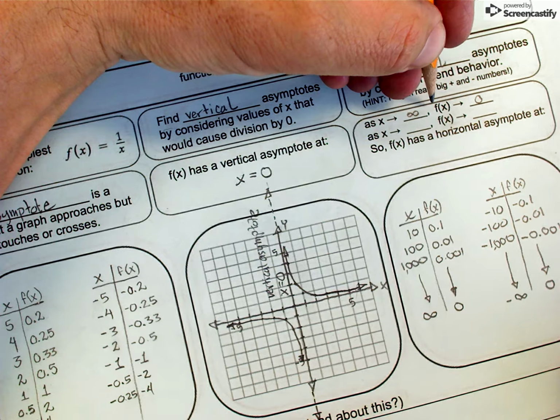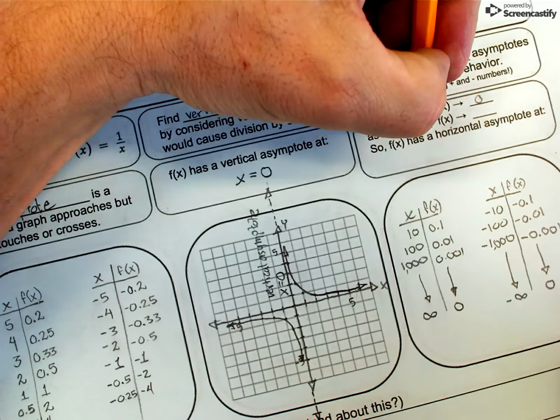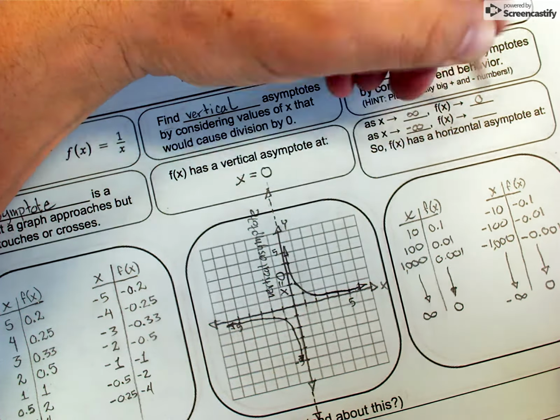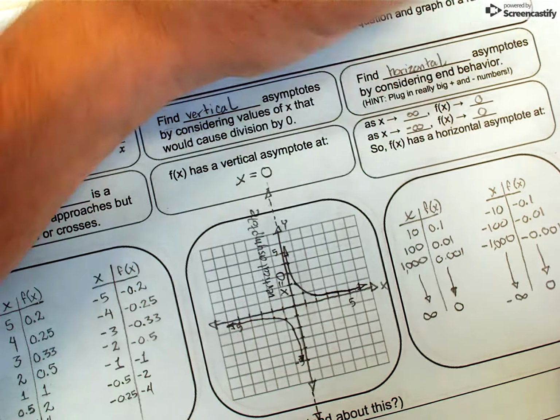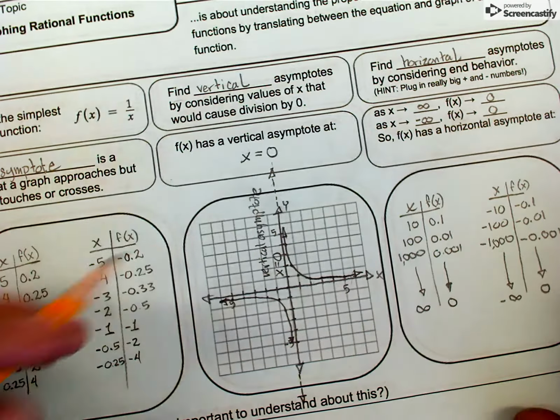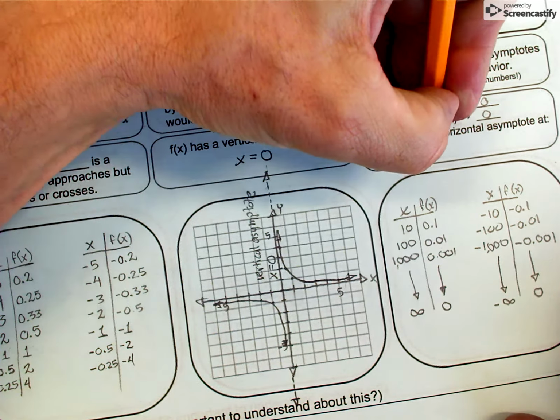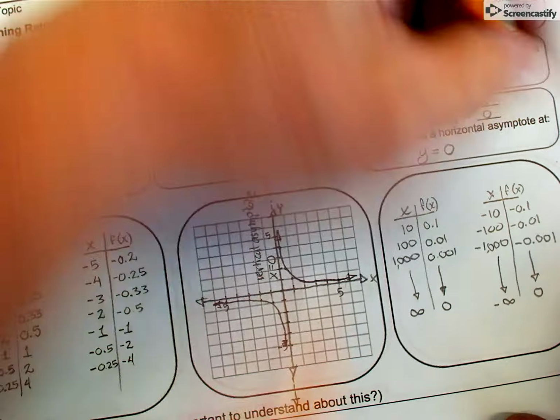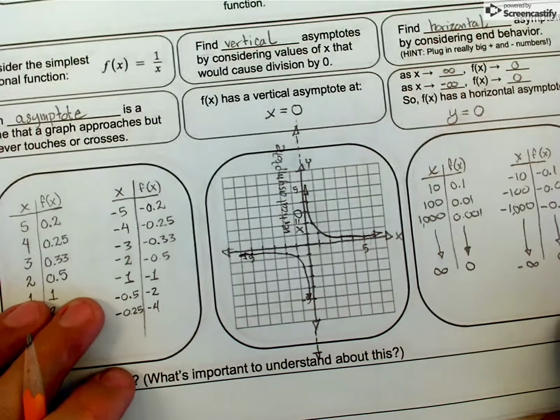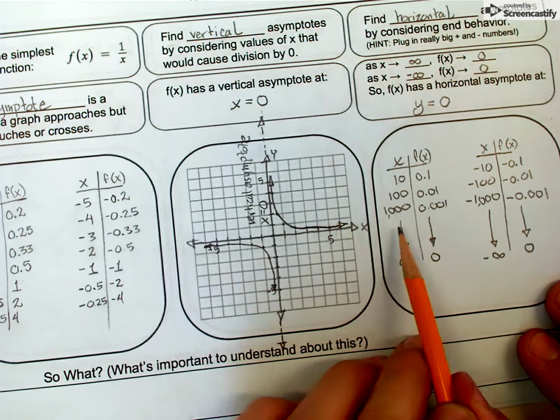So let me finish my end behavior notation over here. As x goes to negative infinity, f of x also goes to 0. So f of x has a horizontal asymptote at y equal to 0. And let's look at the graph.